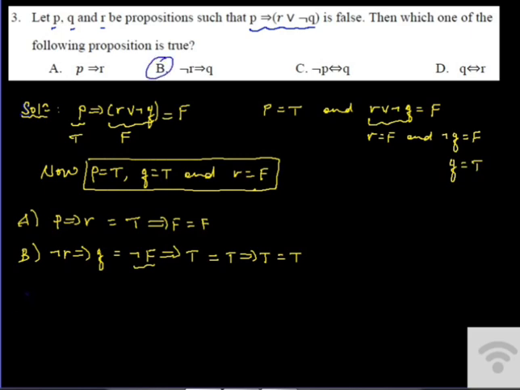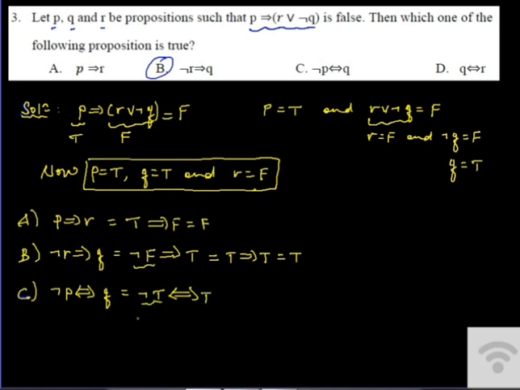We can check that the rest will be false. Let's see the compound proposition in C. The negation of P bi-implies Q. Now this is the same as the negation of P is false, bi-implies Q, where Q is true.